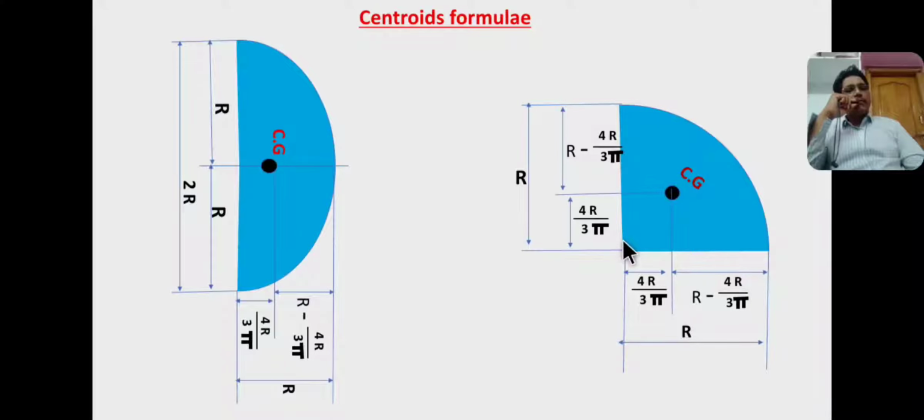Therefore the angle between these two lines is 90 degrees. Therefore the centroid of a quarter circle lies at a distance of 4r by 3 pi from the right angle corner and r minus 4r by 3 pi from curved surfaces.